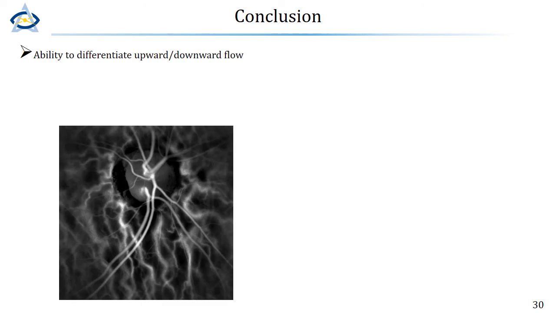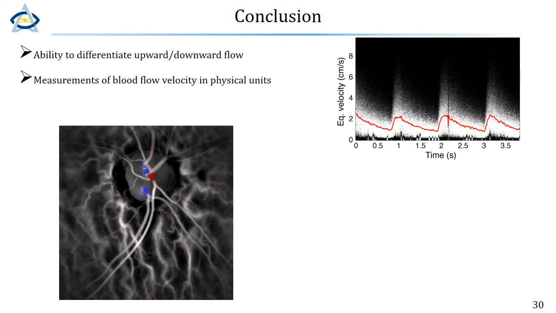Okay, so in conclusion, we've introduced a directional blood flow contrast that is able to differentiate upward and downward blood flow. We present blood flow velocity measurements in physical units, and we will probably use the directional blood flow contrast to select vessels where we know that there is no inclination, no bias introduced by an unknown Doppler angle, so we know that the blood flow velocity only results from the multiple scattering.